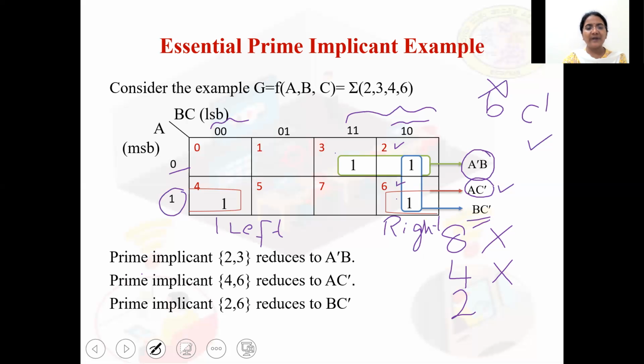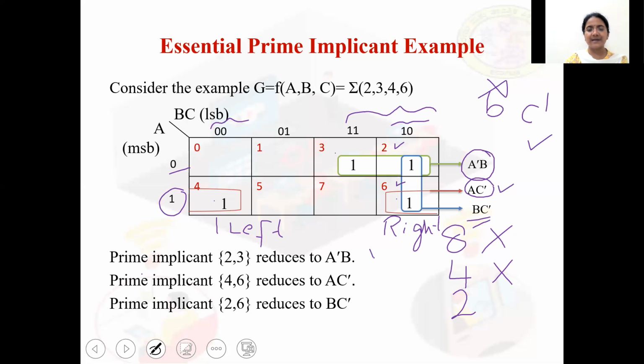Here, minterm 4 is unique for the group 4 and 6 because it is combined in only one way. Minterm 3 is unique, which is combined in only one way. But minterms 2 and 6 are combined in two ways. So the unique minterms' product terms we have to consider in the final expression.